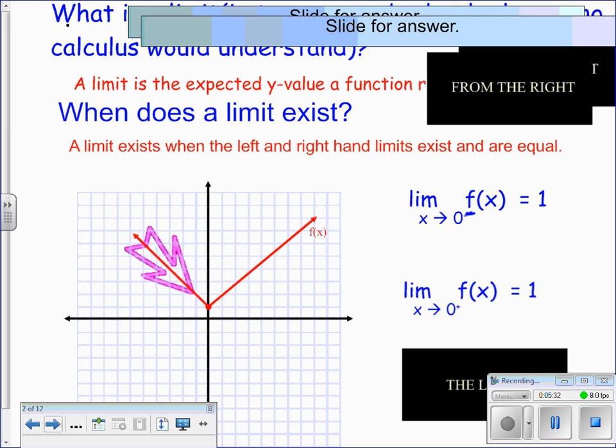I'm getting closer and closer to 0 from numbers starting larger and heading towards 0 from that side. And it's the same thing. As my x values go towards 0, what does my y value go towards? So I move along the line, it goes towards 1, so my limit's 1.